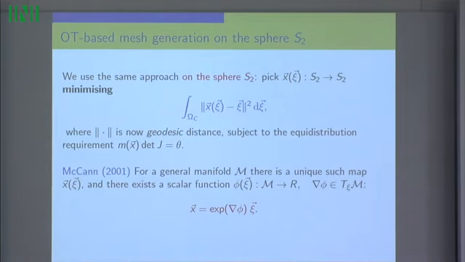Anyway, the bottom line is that Robert and his co-workers, Lerper in Paris, for example, have proved a series of results, not just for the sphere, but for general manifolds, saying that this equation here has a minimizer of the Wasserstein metric here if there is a function phi such that x is the exponential of the gradient of phi acting on the underlying space. So Brenier's theorem was it's the gradient of phi, and McCann extends that to the exponential.